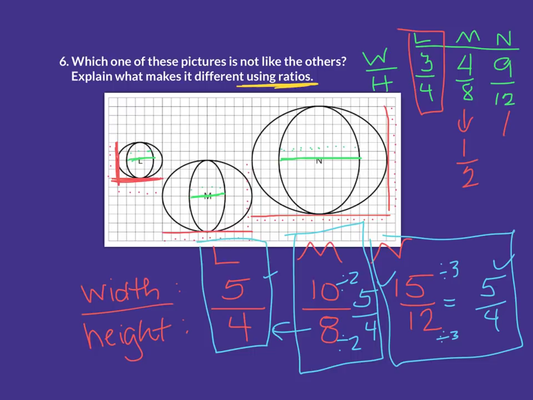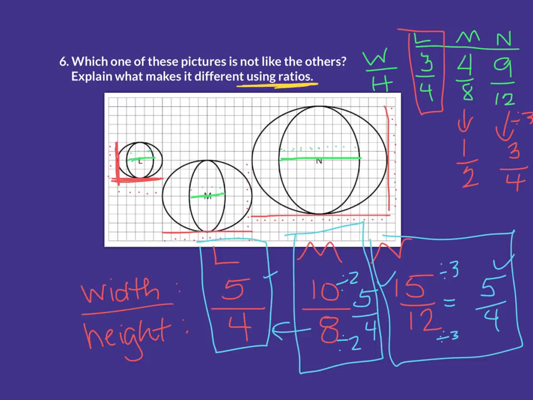And then my last one, N, the gazinta they share is 3. So if I divide top and bottom by 3, 9 divided by 3 is 3, and 12 divided by 3 is 4.